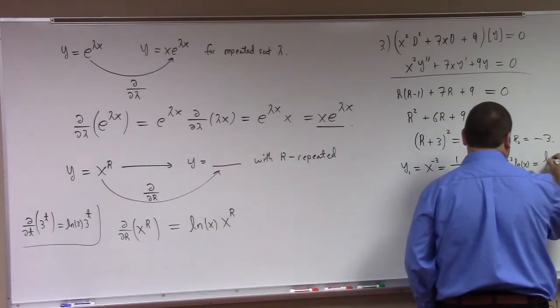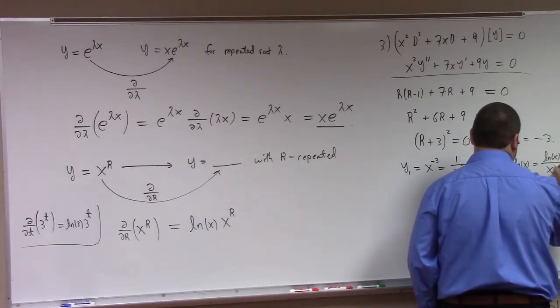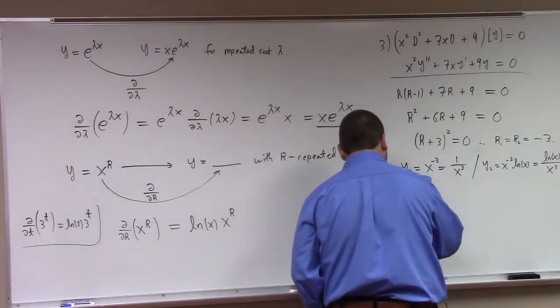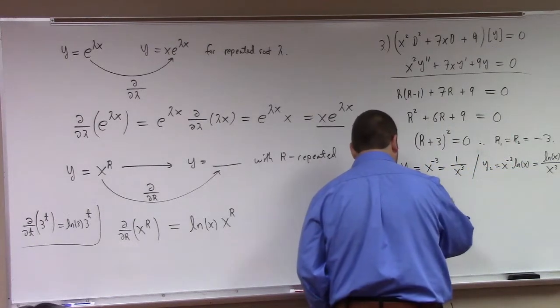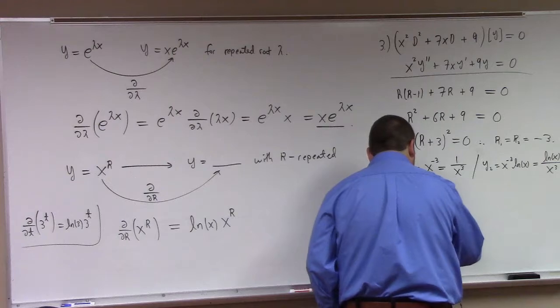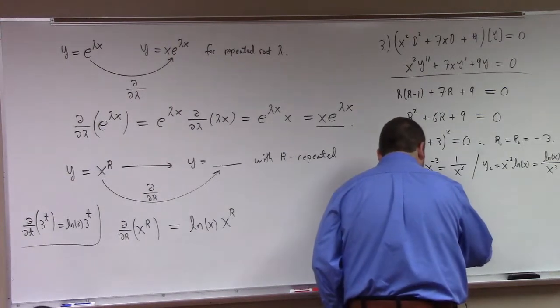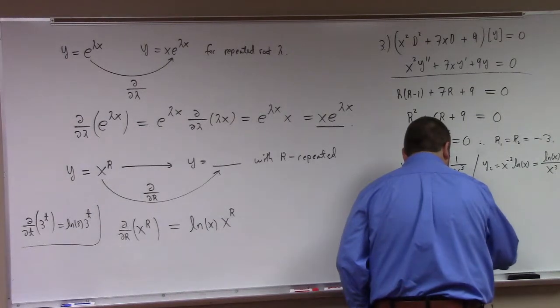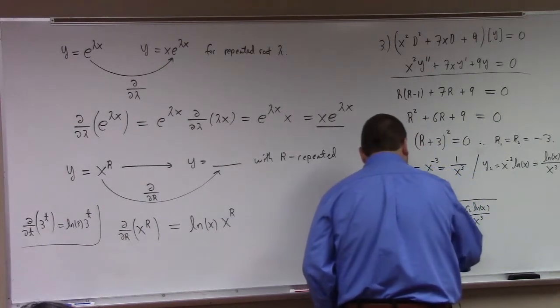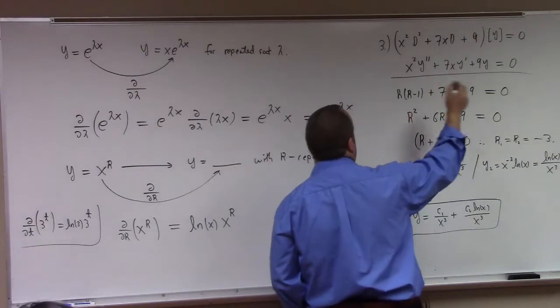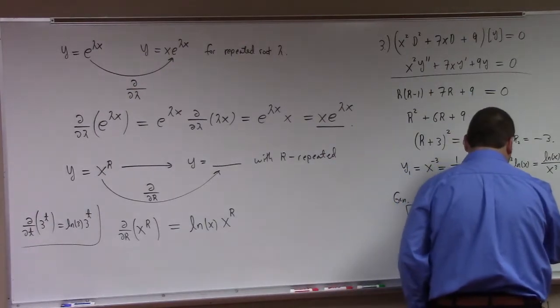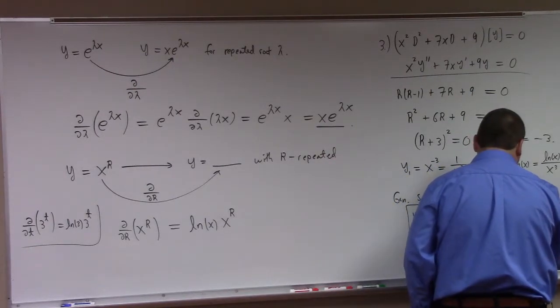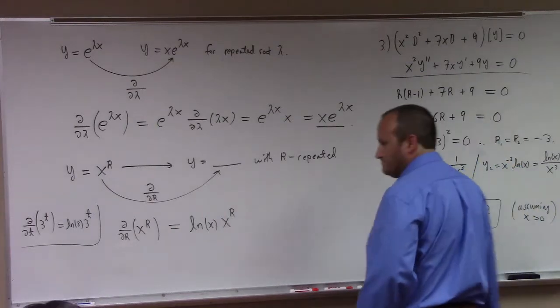So that's log x over x cubed. So the general solution, y equals c1 over x cubed plus c2 natural log of x divided by x cubed. There you go. That would be the general solution. Again, I'm assuming x is greater than 0.